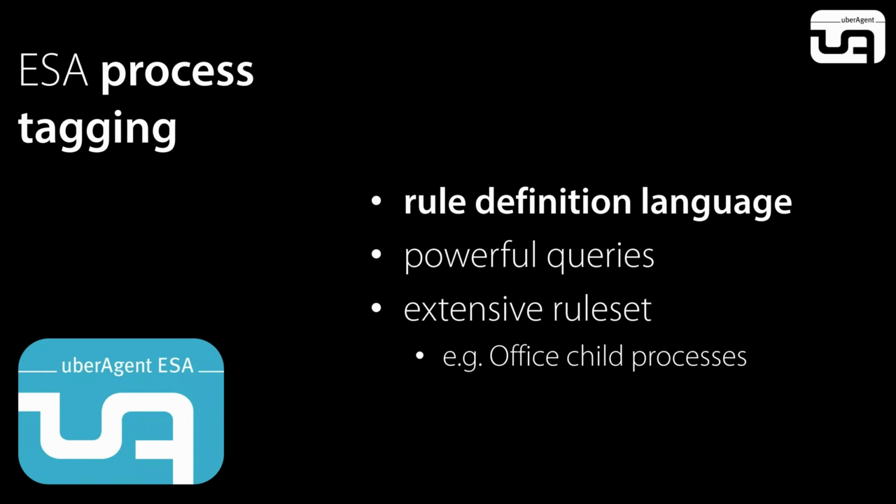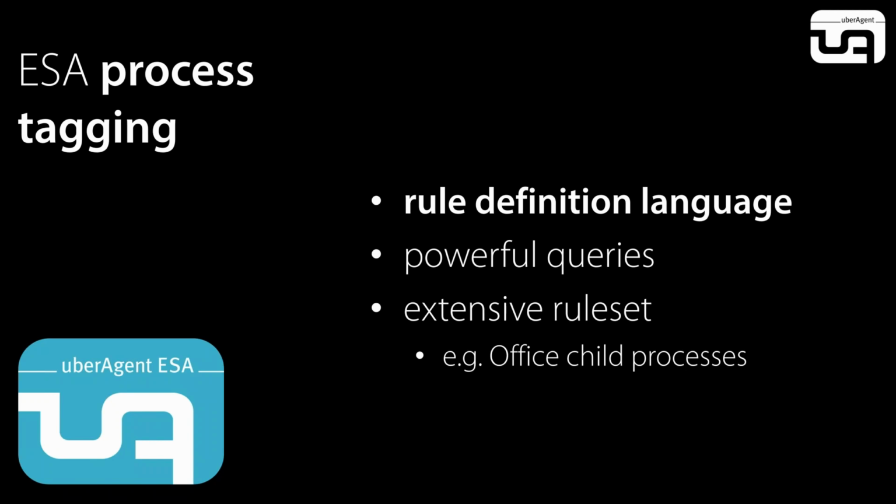So if Microsoft Word or PowerPoint or any of the other Office applications spawns some kind of child process, that's generally not a very good thing. There are a few legitimate cases where that is okay, but generally you don't want Office to start anything else, because when that happens, it's quite often something bad that's going on.